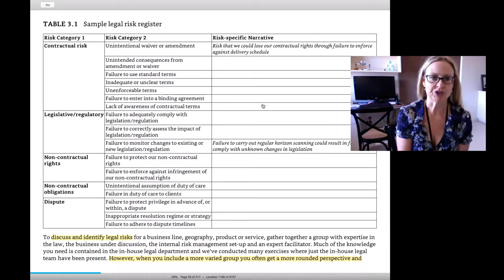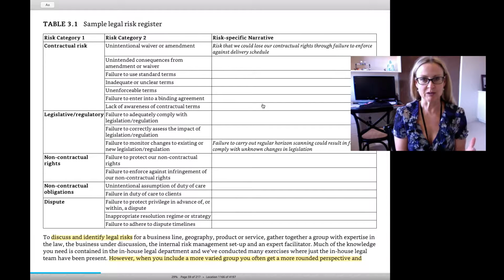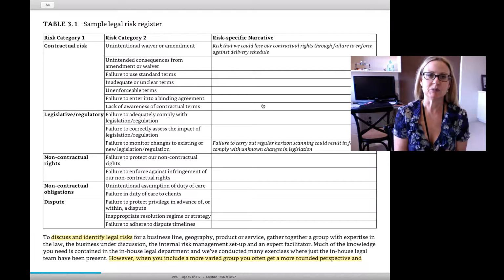You can see this particular risk register is a lot more general than the UQ one, but it's intended to be much more general because this is a legal risk handbook intended to be used by many different kinds of organisation.